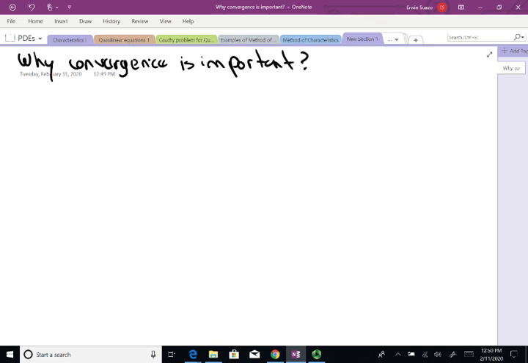So let me start with an example. Let's say we have x between 0 and L. So we're gonna find the Fourier series of x between 0 and L. This is L, right?